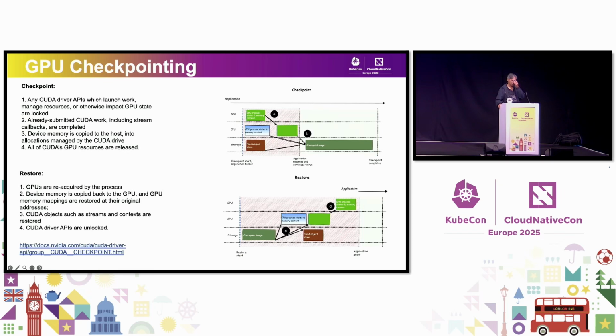And just to give you a quick idea of what's going on, right now the GPU checkpointing is currently a 2-stage process. The first stage is to checkpoint, to actually halt further job submissions to the GPU, and this is done on a process ID basis. And then secondly, wait for that particular process to complete, and then we take that memory, dump it to system memory.